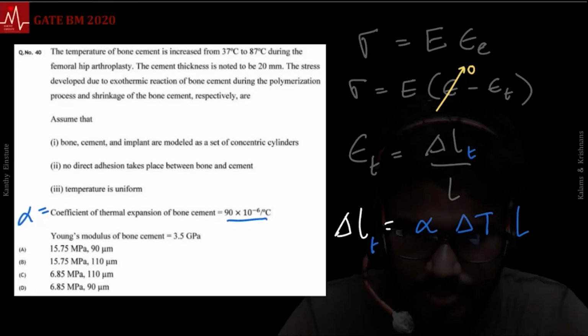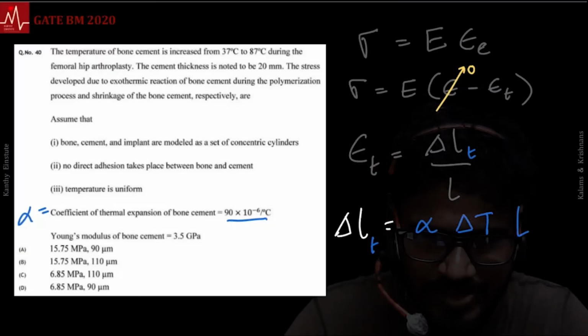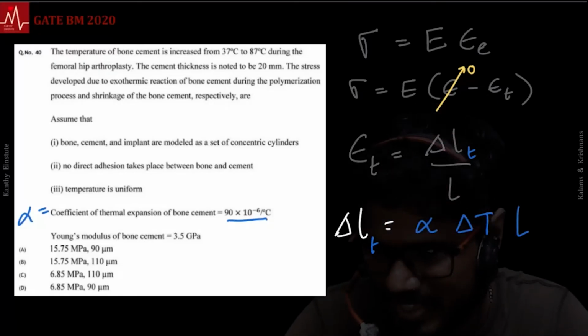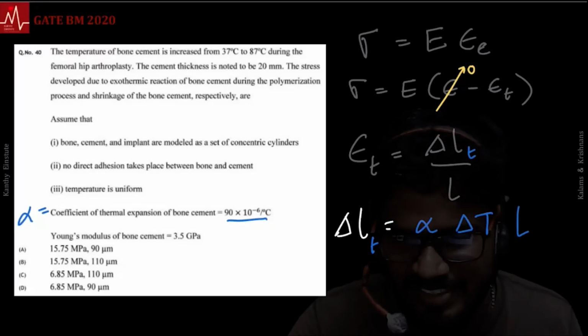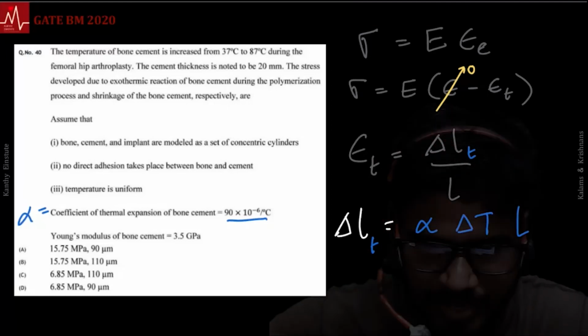Just calculate this value. So alpha is 90 into 10 power minus 6, into delta T. 87 minus 37, that is 50. Length: thickness is the length. Cement is being sandwiched between the bone and the implant. Thickness happens to be the length, in mm, so 10 power minus 3. Here it is 90 micrometers.